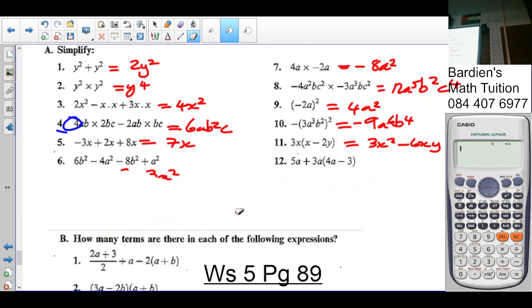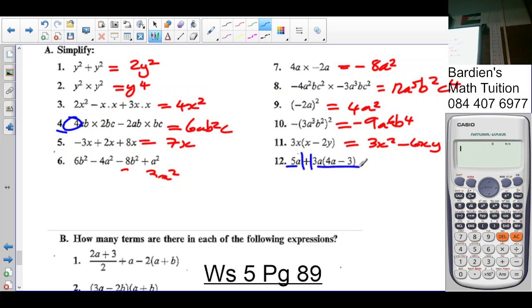Nothing. Yes, Michael? 12, sir. Number 12. So in number 12, how many terms are here, Michael? What separates terms? Minus and negative and positive sign separates terms. So how many terms are here? 2.